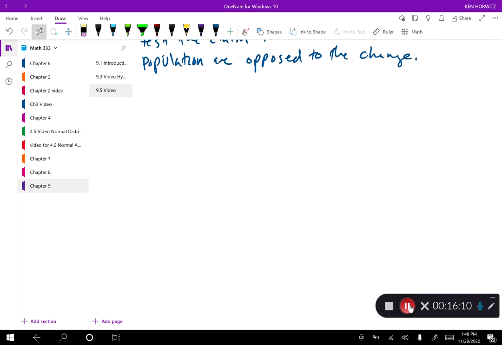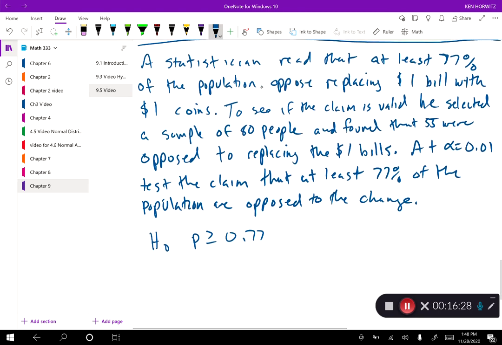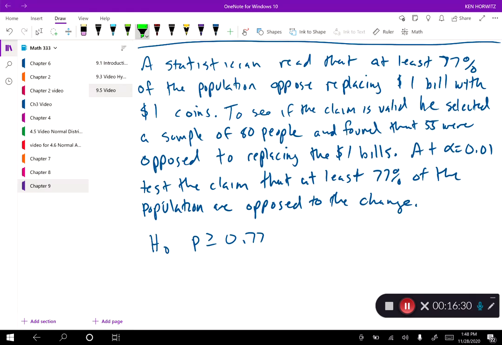All right, so my null hypothesis is that my proportion is either greater than or equal to 0.77, because it said in the problem, this is important, at least, which means the lowest it could be would be 77, but it could be more.